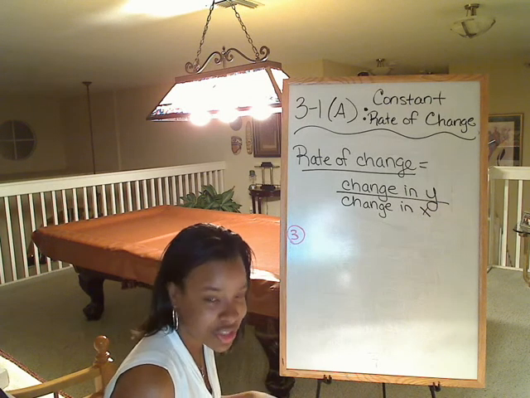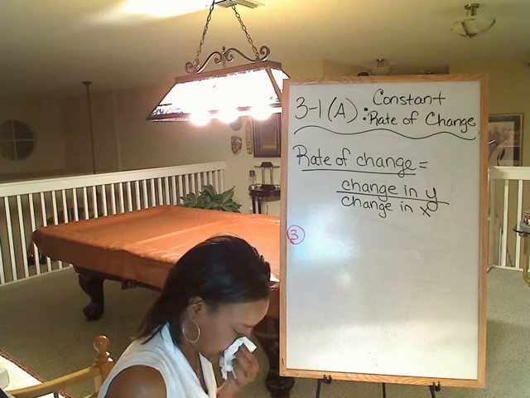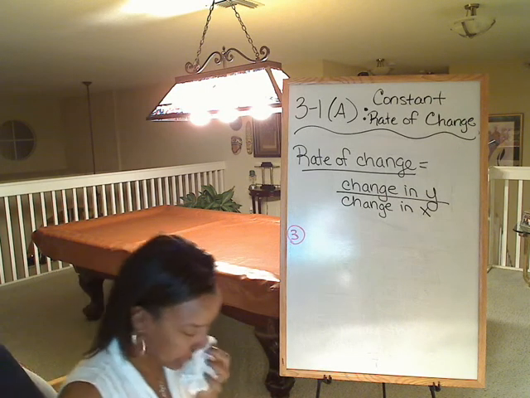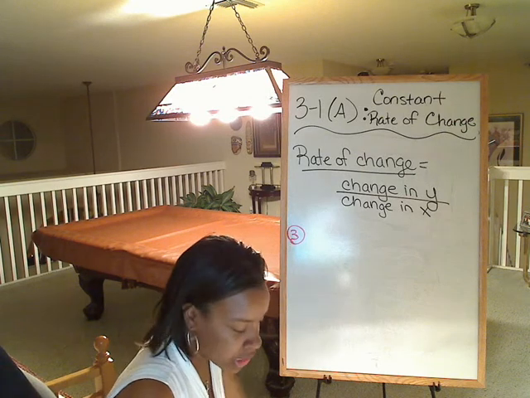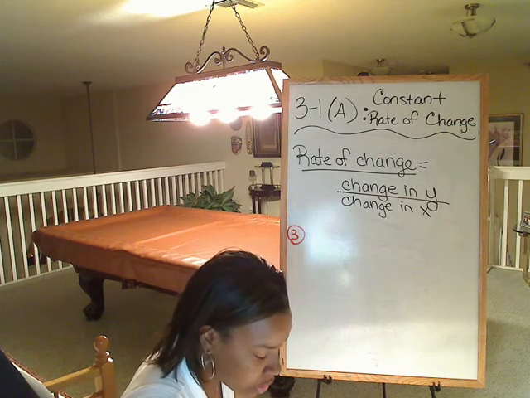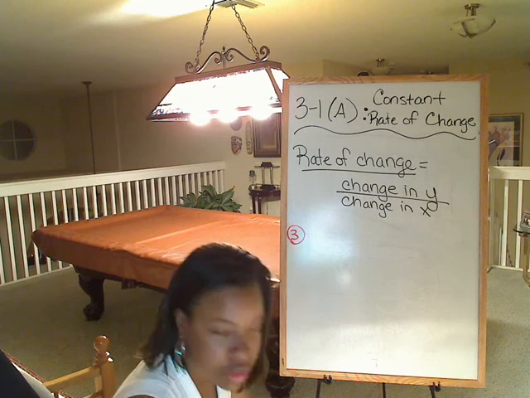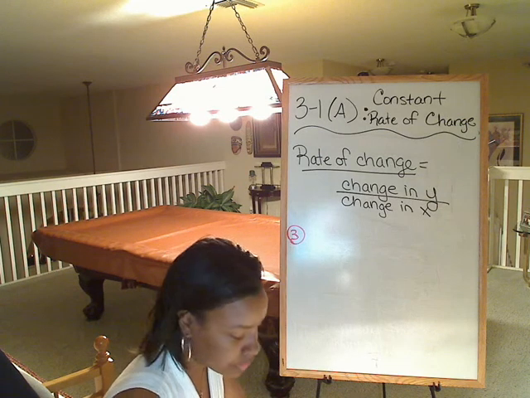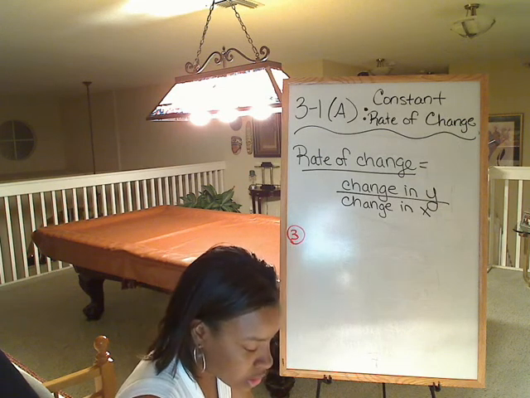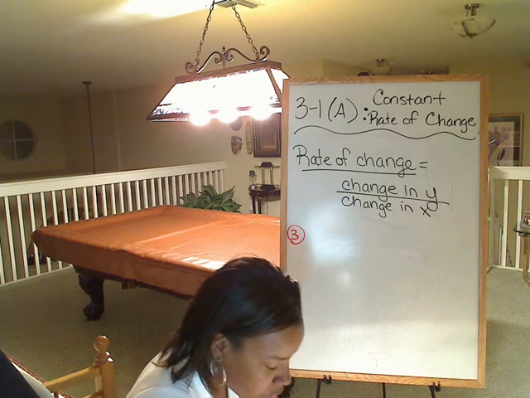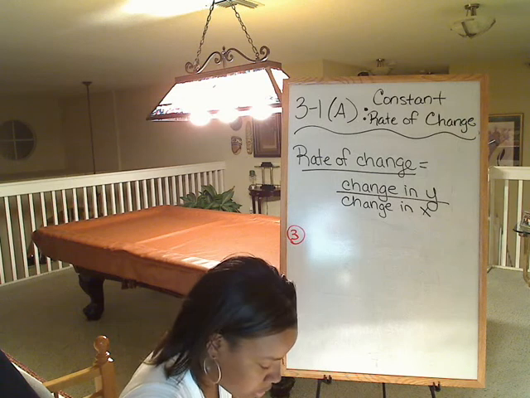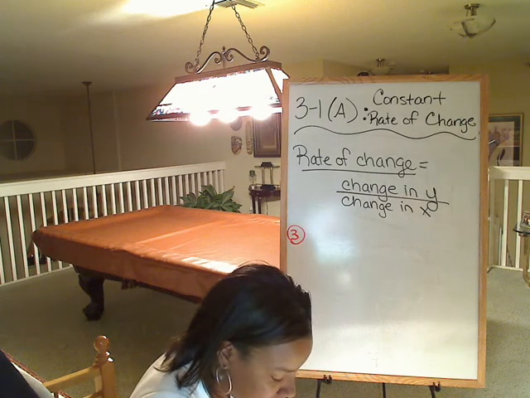Excuse me, my allergies are acting up. Basically, look at the line on your graph that says company A, and follow along while I'm doing it. Let's find 3 nice easy points.